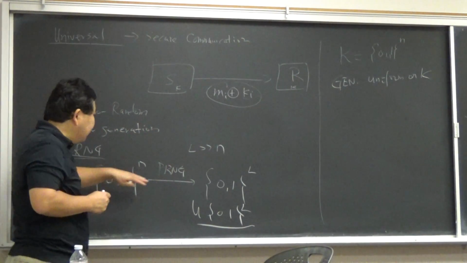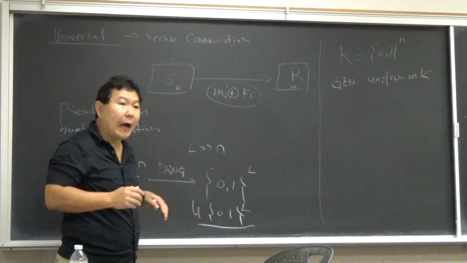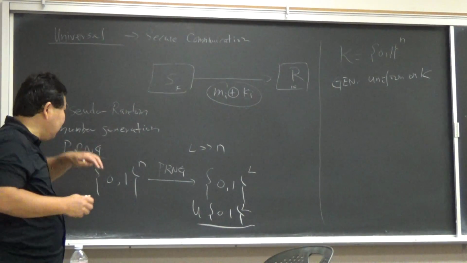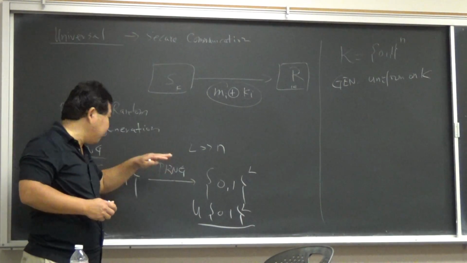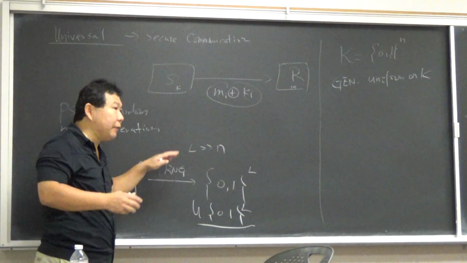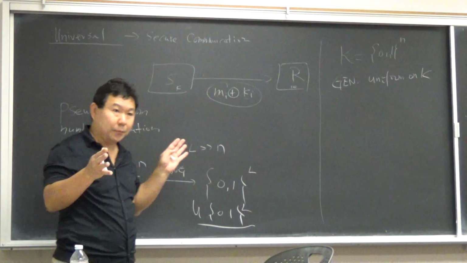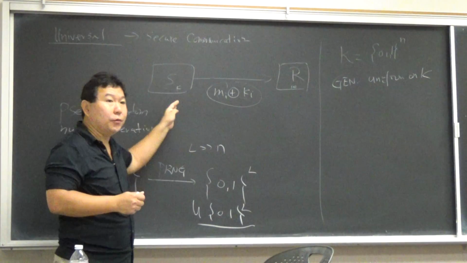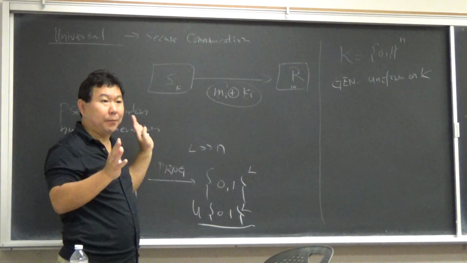One intuitive way, which actually is a universal way, to achieve this is simply to first design a good pseudo-random number generator, which I will define, mostly in this lecture. And then we simply apply that into this universal scheme of the one-time pad.